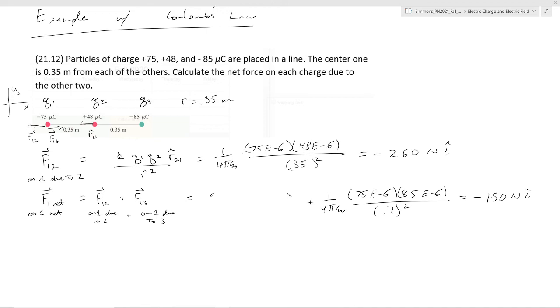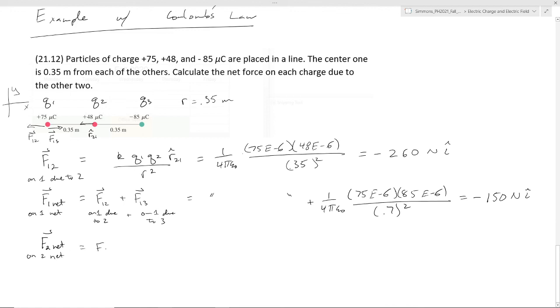Okay, so let's look at another one here. How about, not F1, F2 net. Call this F on 2 net. What's that going to equal?